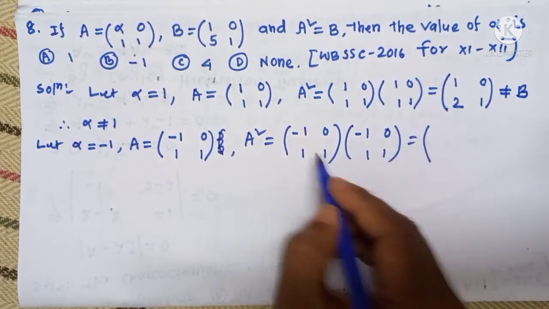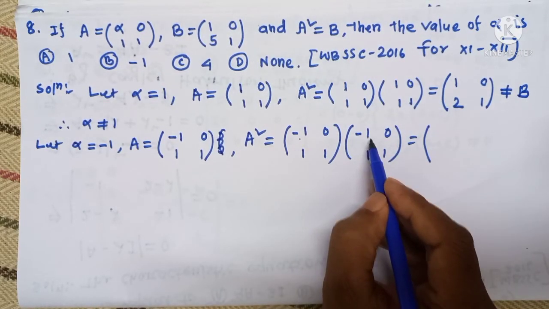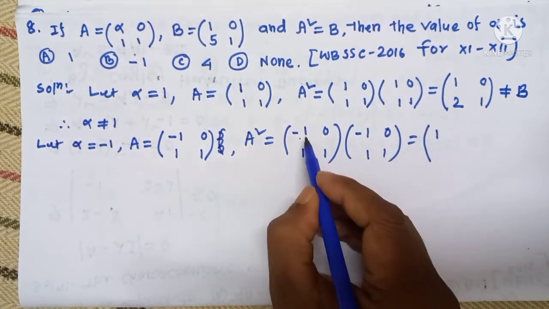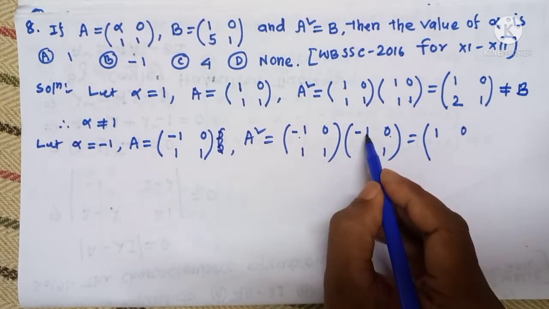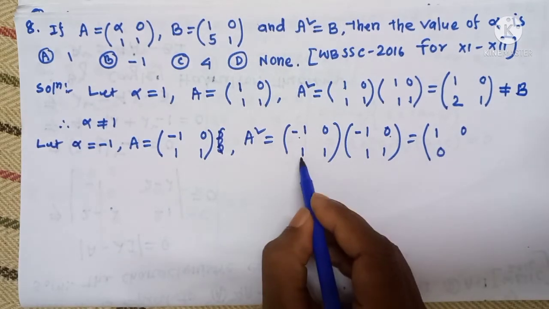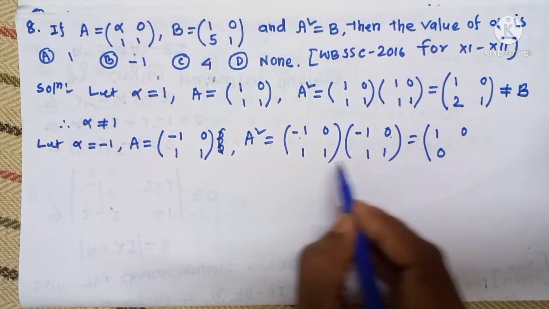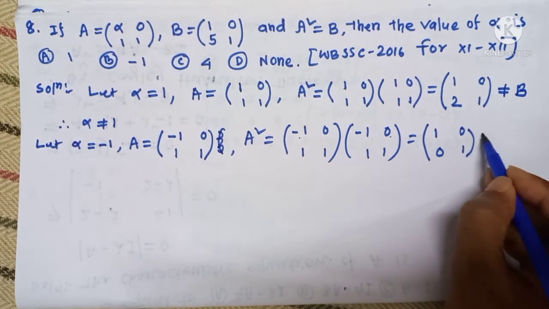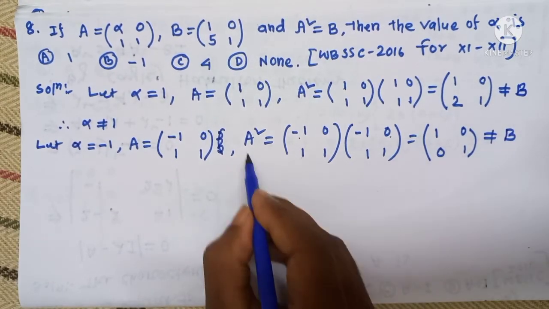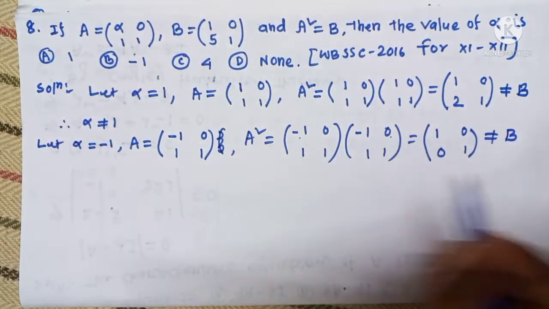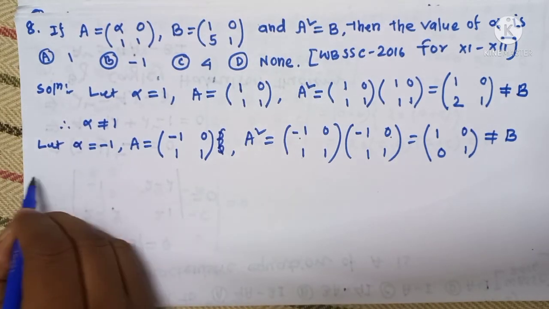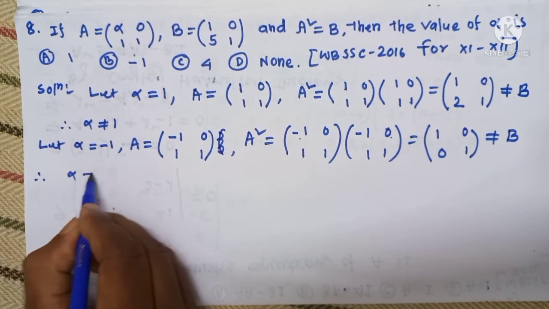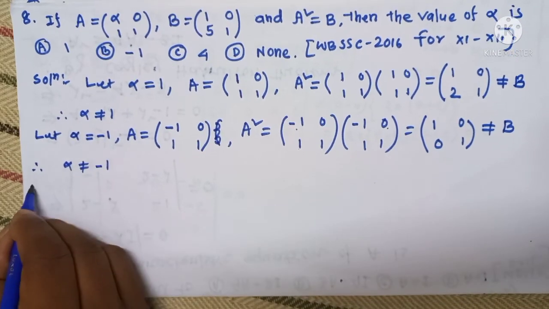This equals 1, 0; minus 1 plus 1, this is 0; 1 into 0 plus 1 into 1, this is 1. This is not equal to B, A square is not equal to B, so alpha is not equal to minus 1.